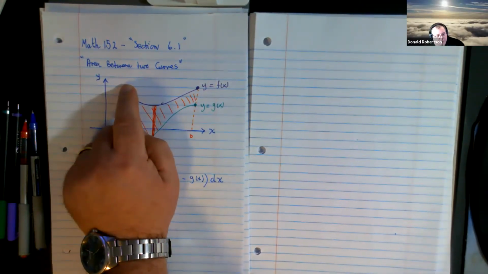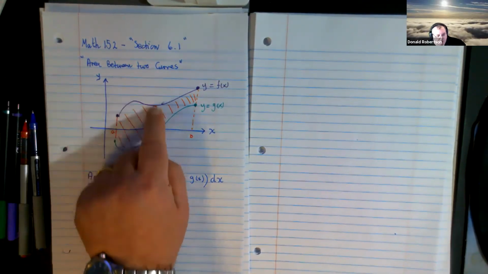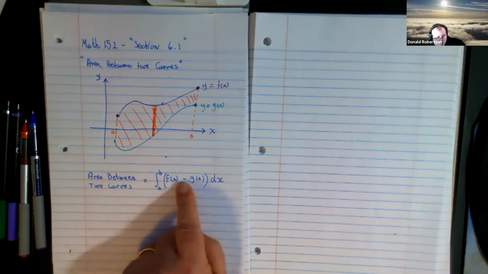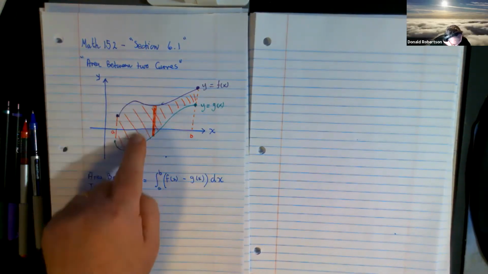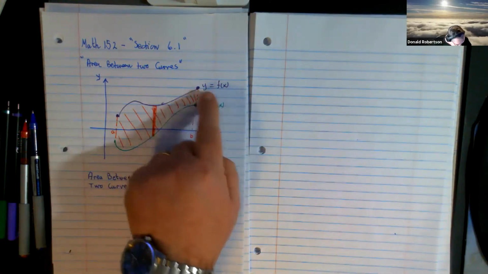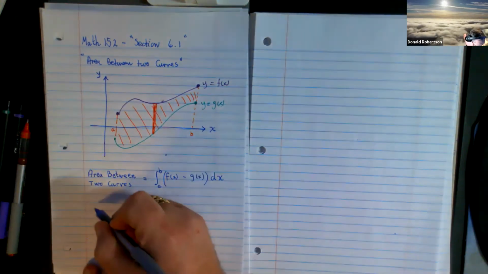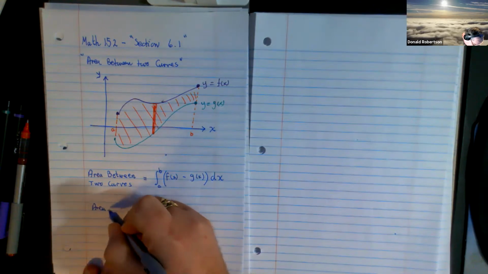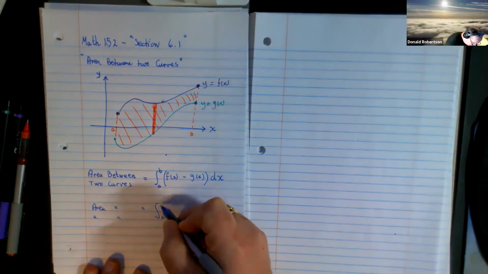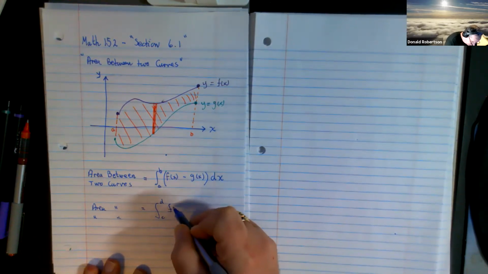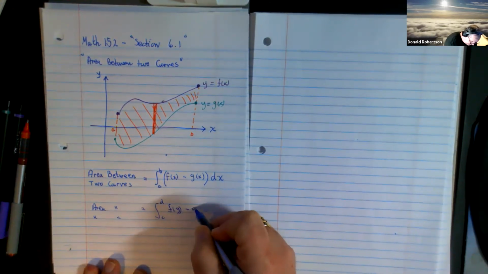We were looking at the area between two curves, which is this. And what you can see here is the generic form that you use when the functions are in terms of x. And if you want to find the area between two curves, there's another version that looks essentially like that.